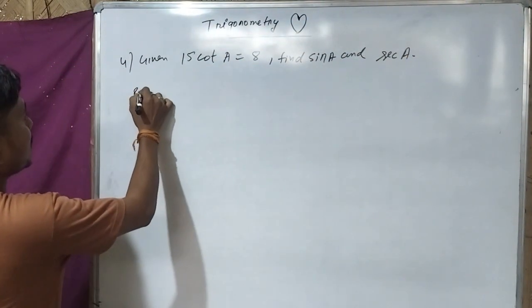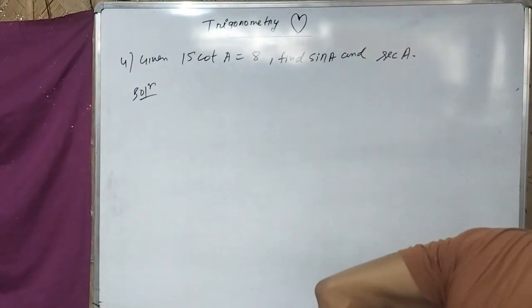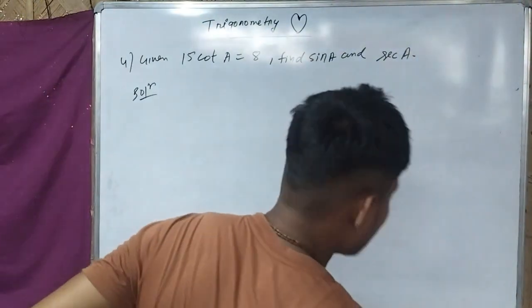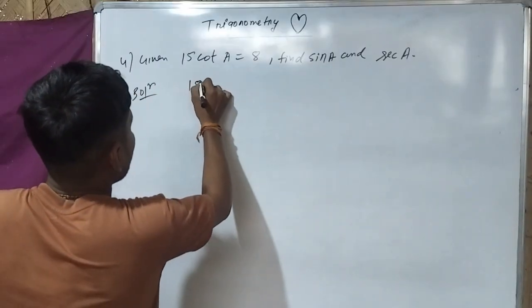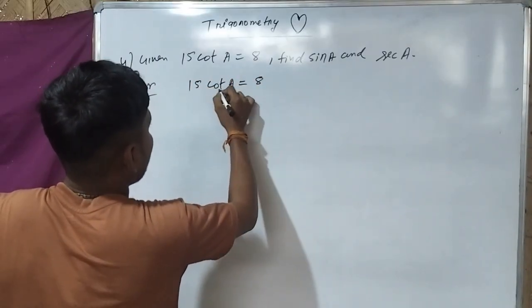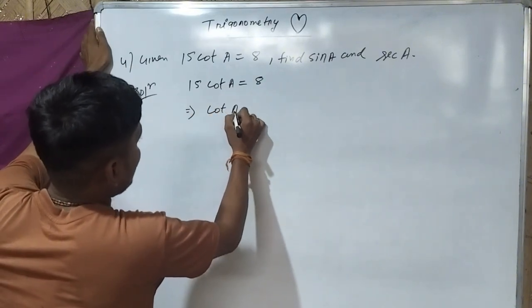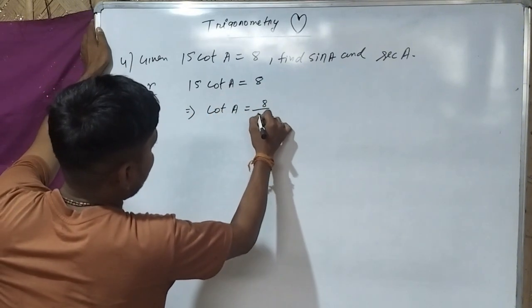Let's find out. Is the diagram given or not? No, I think it's not given in the diagram. Now given 15 cot A equal to 8, we can find cot A equal to 8 by 15.